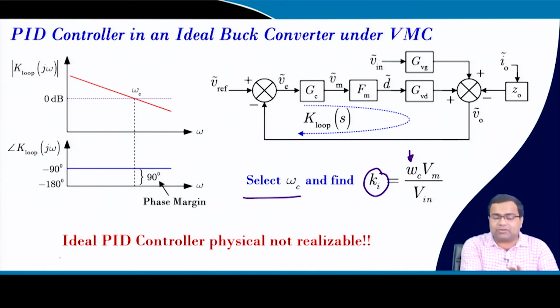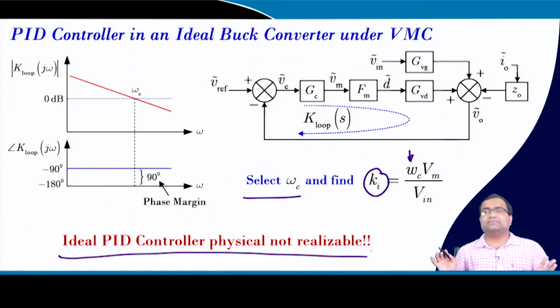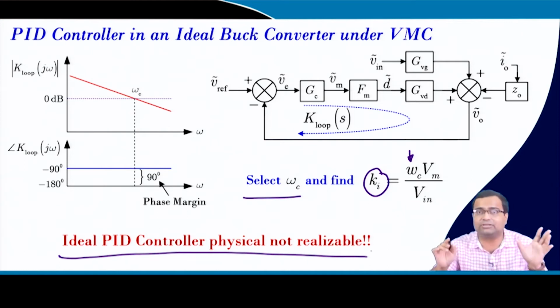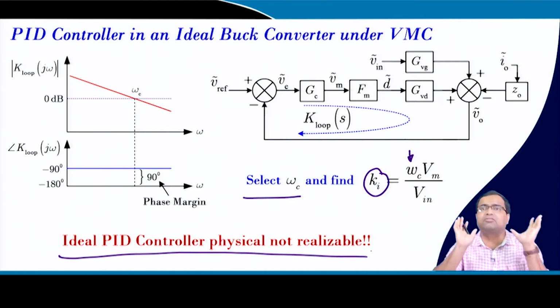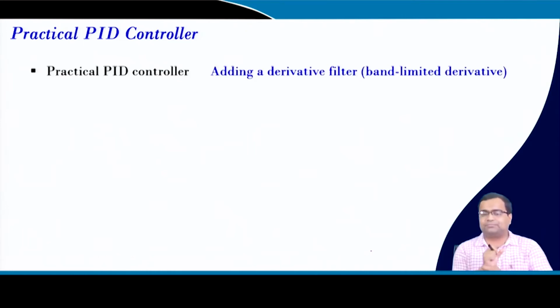But an ideal PID controller is not physically realizable. And of course, we started with an ideal buck converter, which also does not exist. So now we are talking about the practical PID controller. In a practical PID controller, we generally use a derivative filter.